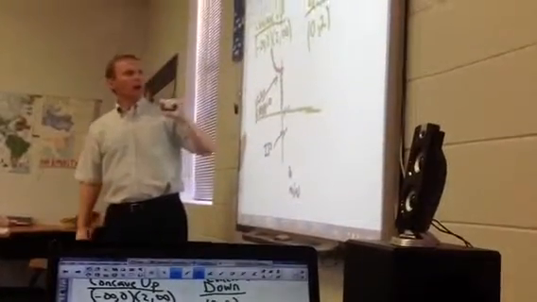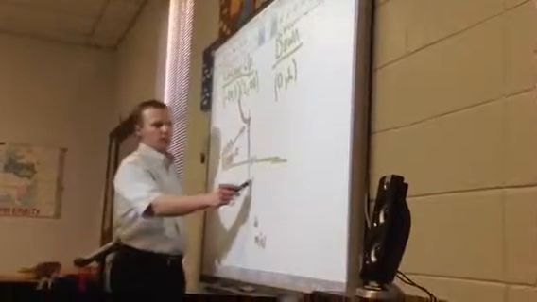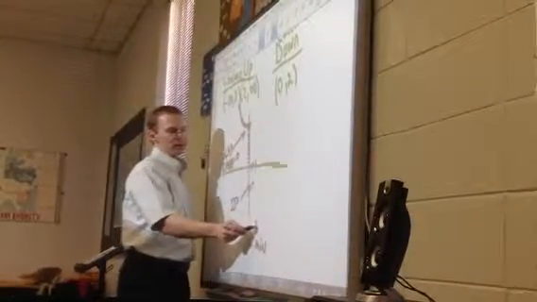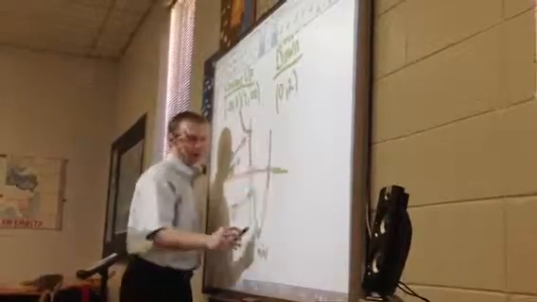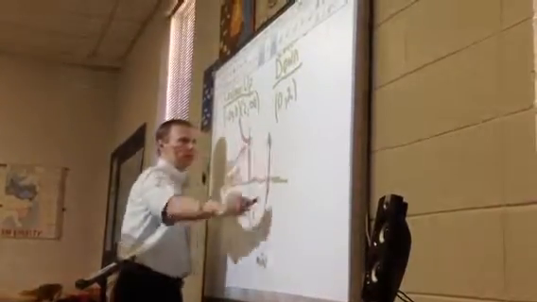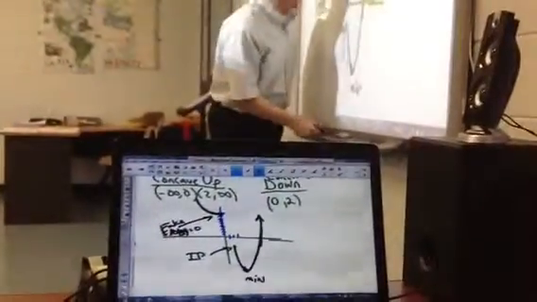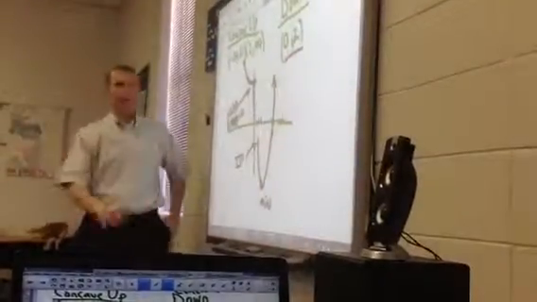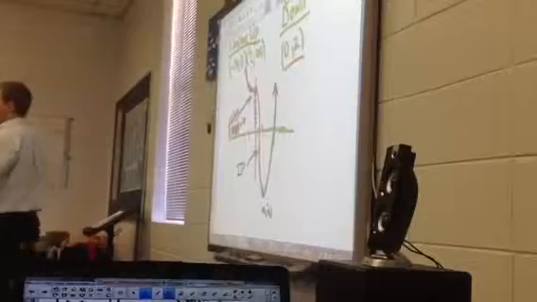And then we are concave up from 2 to infinity. Well, here's my point 2. Now I've got to touch my minimum point, so I am concave up there. I am concave down, though, from 0 to 2. That means I am frowning, so I am concave down for that part.